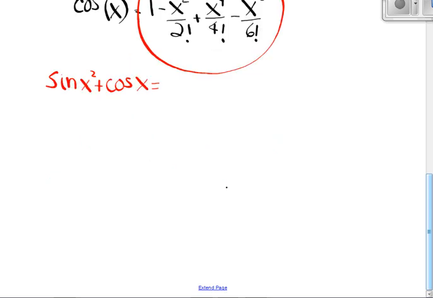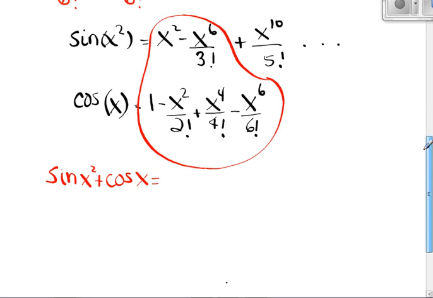The order doesn't matter, but do a favor for the graders. Plus 1, plus x squared from the sine of x squared, minus x squared over 2 factorial from the cosine. That's 3 terms, I think. No, these can be combined. It's only 2 terms. This is 1 term, that's 1 term.